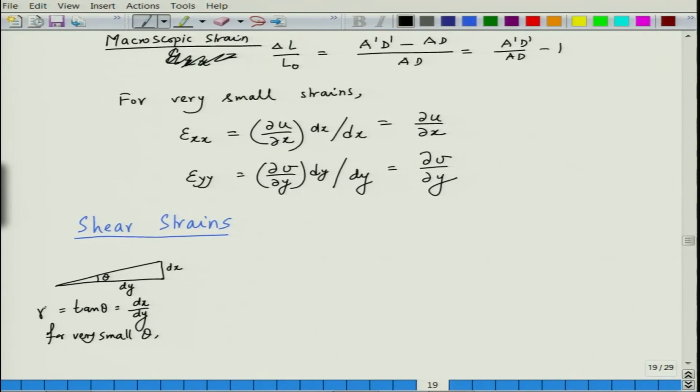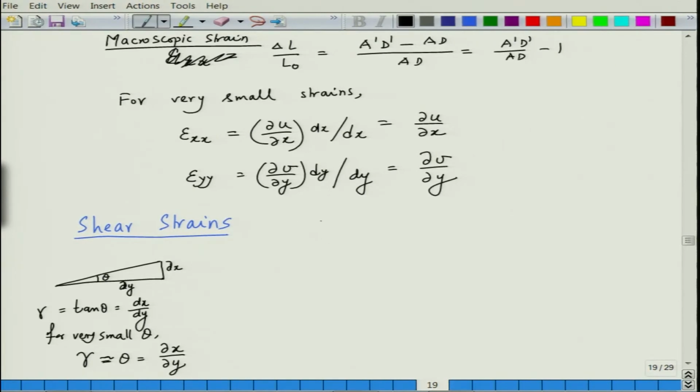Shear strain is represented by gamma. So, we can say gamma is equal to theta, which is equal to dx by dy, let us say del x by del y.